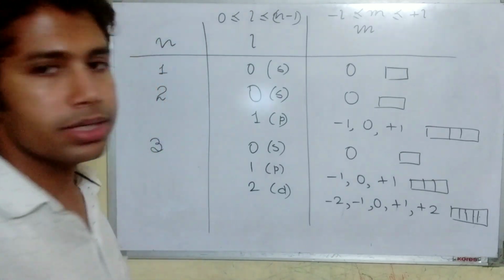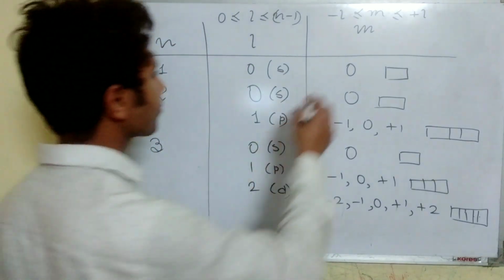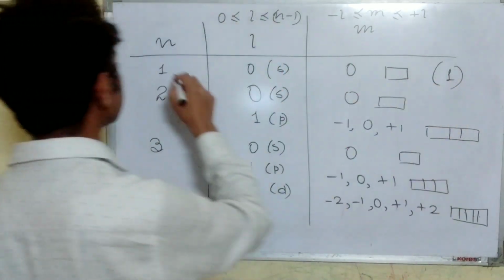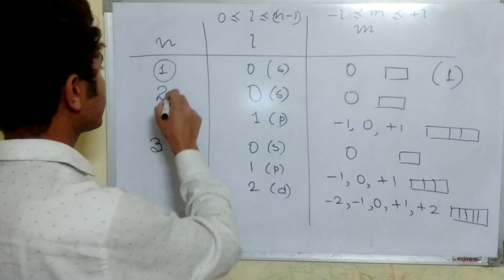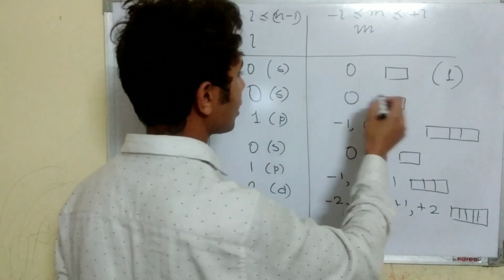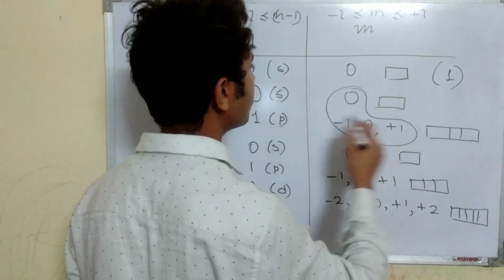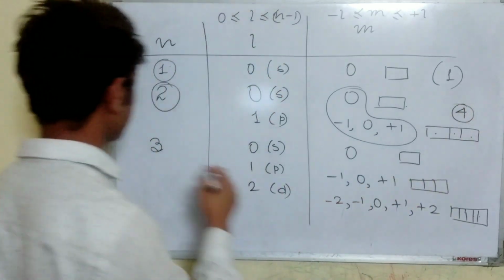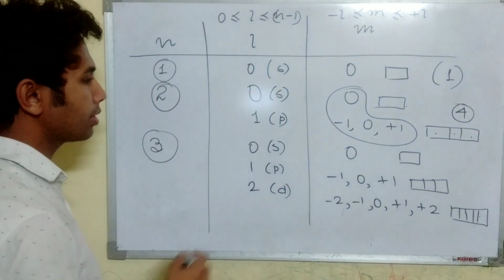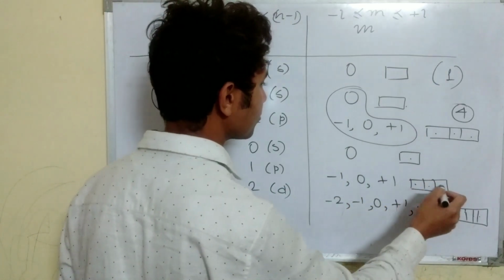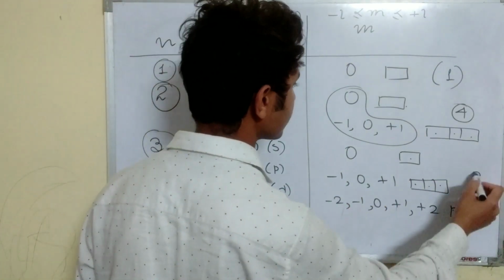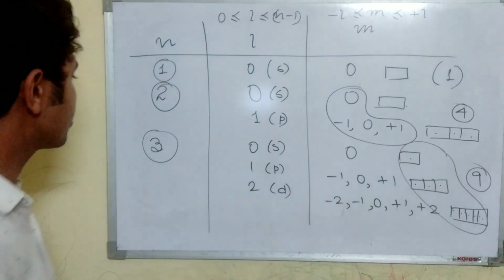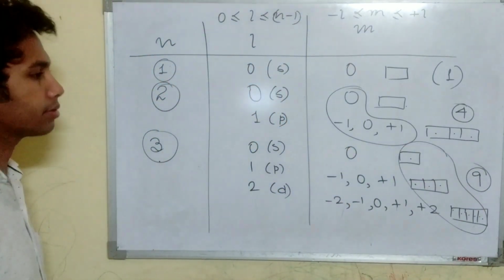So we see that here we are getting only 1 orbital in case of n is equal to 1. In case of n is equal to 2, we are getting 4 orbitals. For n is equal to 3, we are getting 1, 2, 3, 4, 5, 6, 7, 8, 9. So 9 orbitals we are getting in case of n is equal to 3.